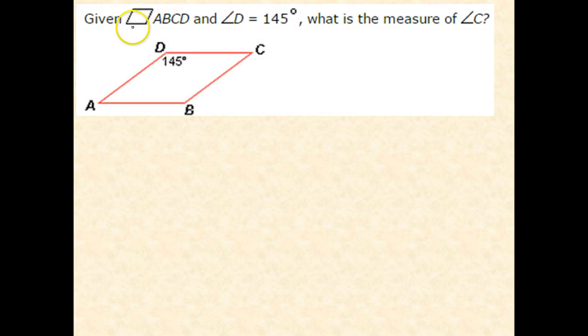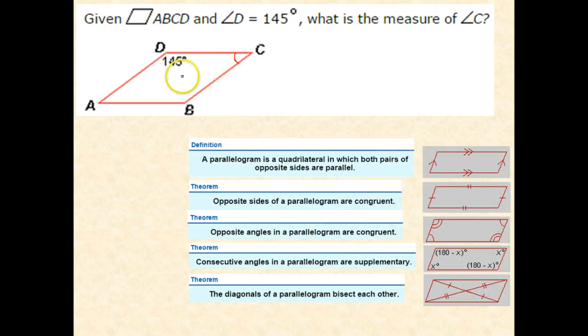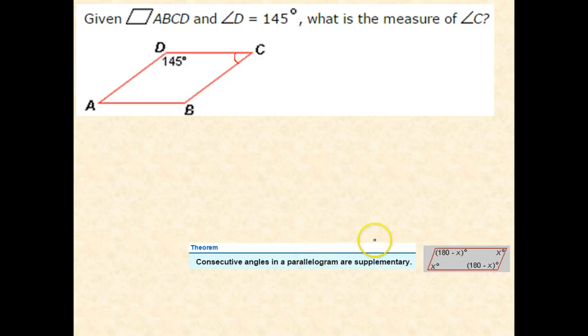Given parallelogram ABCD and angle D is 145 degrees, what is the measure of angle C? What theorem can we use about that? These are not opposite angles, these are consecutive angles. So let's use the theorem about consecutive angles. It says that they're supplementary.